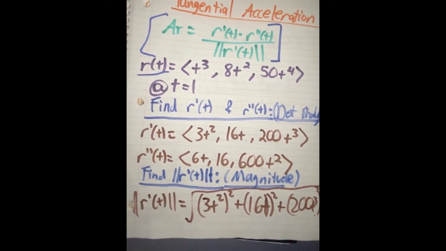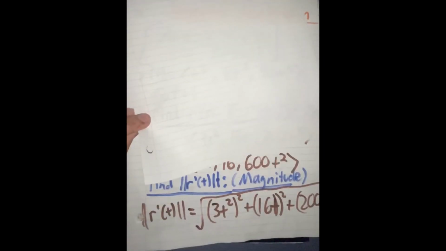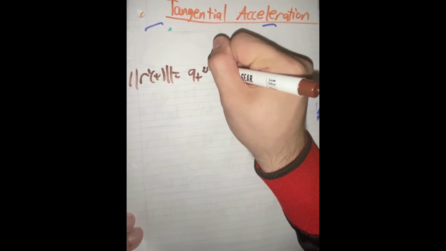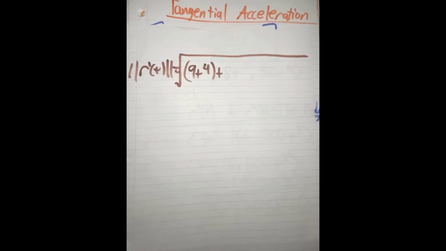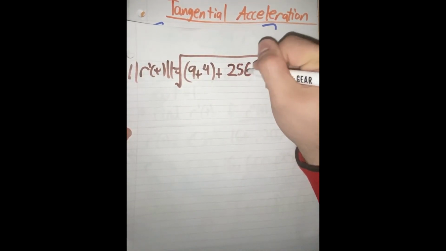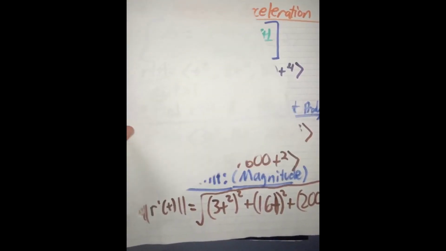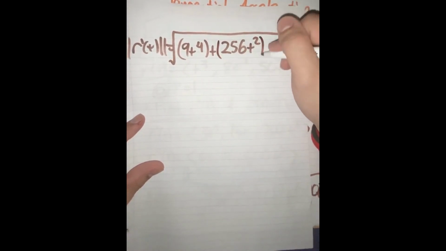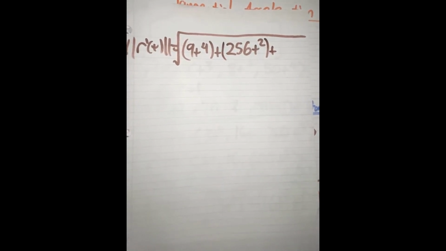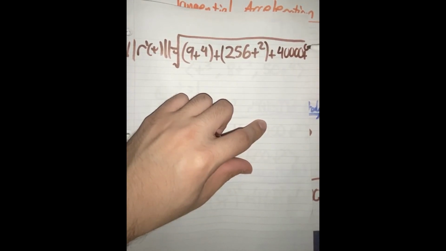So we're going to go ahead and simplify this. So r prime of t magnitude is equal to 9t to the fourth, plus 16t squared would be 16 squared is 256, 256t squared, plus 200t cubed squared would be plus, oh, that's a big number, 40,000 t to the 6th power.